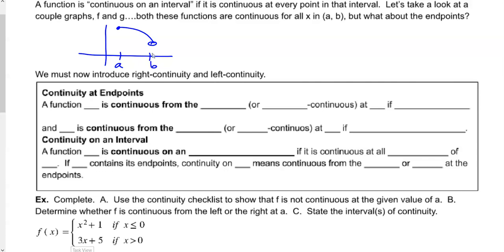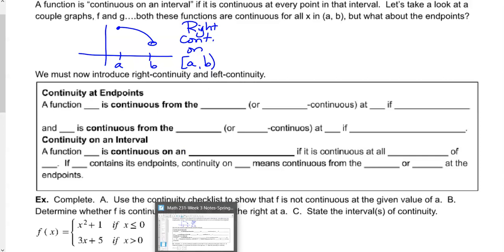Notice it's nice and smooth in between, but I actually have a value, an f of a, where I actually have a point. So here we would refer to this as right continuous on, now I'm going to include a but not include b. So I need a closed bracket and then a parenthesis around b.